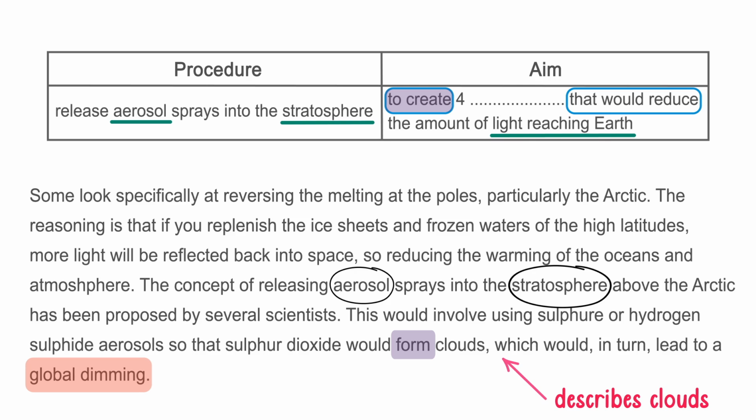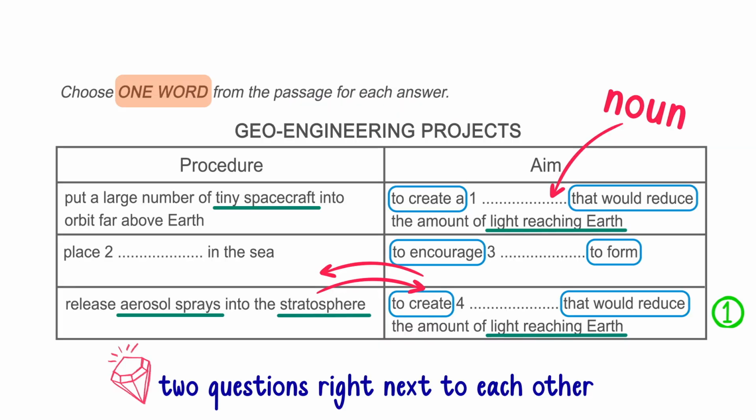This is the result of the cloud. So what do the clouds do here? They reduce the light reaching Earth. So the answer for number 4 is to create clouds that would reduce the amount of light reaching Earth. All right, that's done. Now let's move on to the next question, which is question number 1.